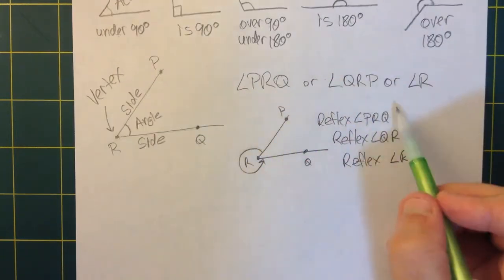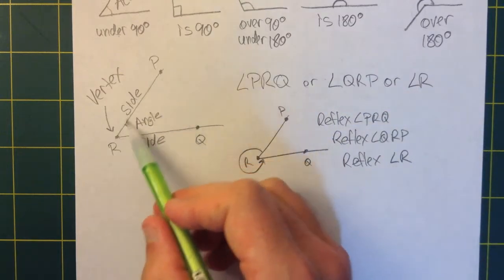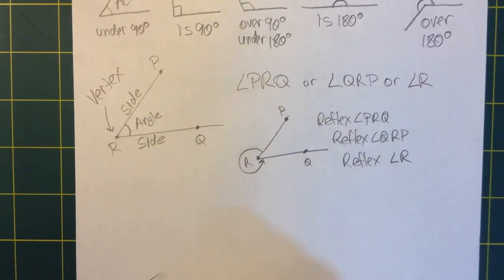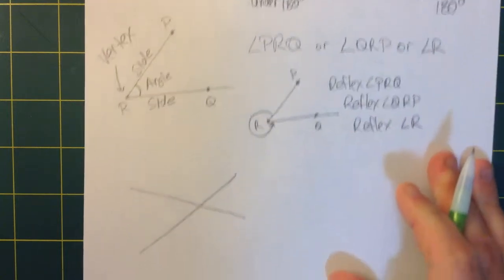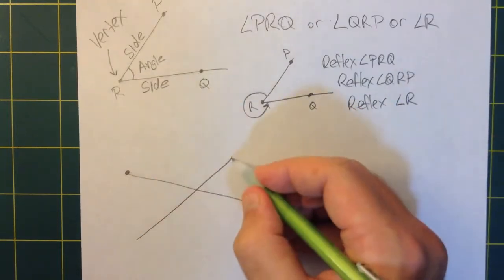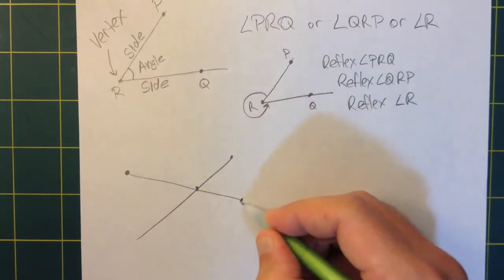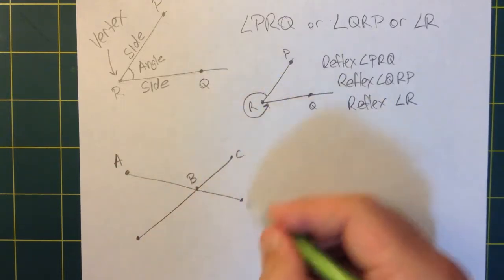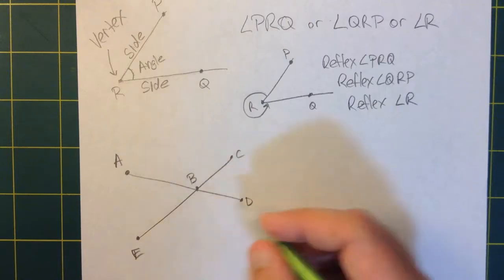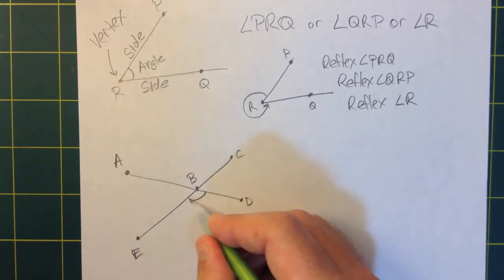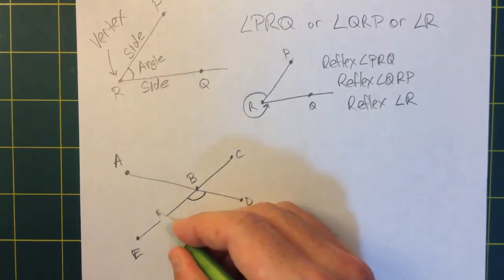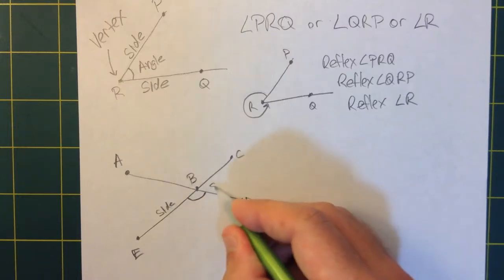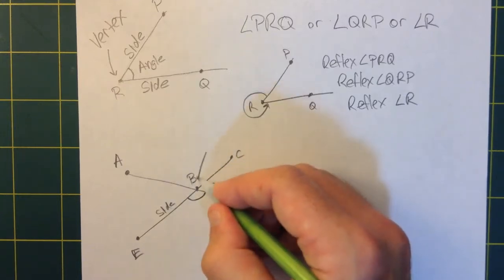And naming angles this way is perfectly fine when your figure looks like this, but in a situation like this, you have to be mindful of one issue. I'm just bolding the points here that are special because I know them. And let's say I wanted this angle right here. So here's one side, here's another side.